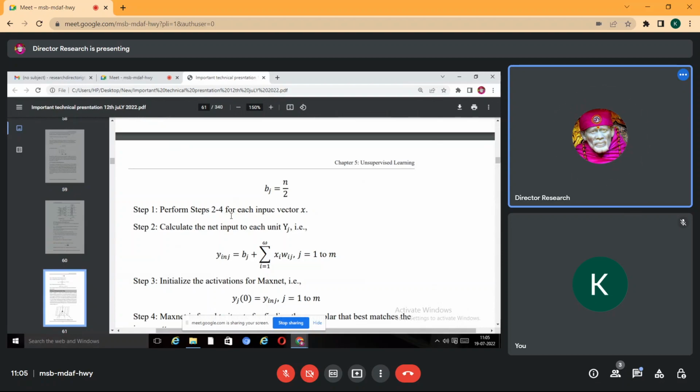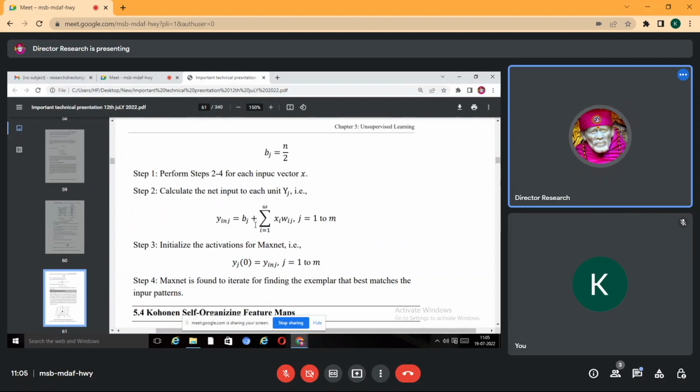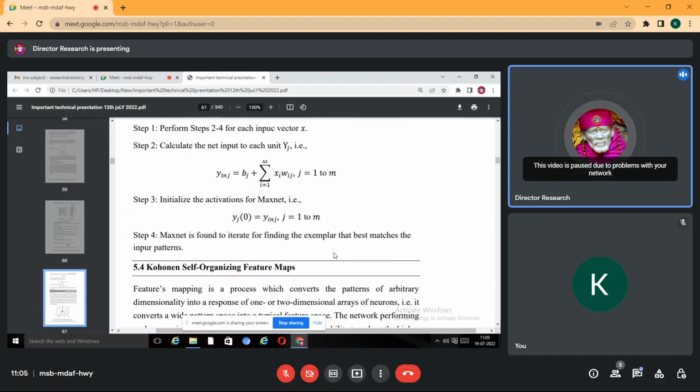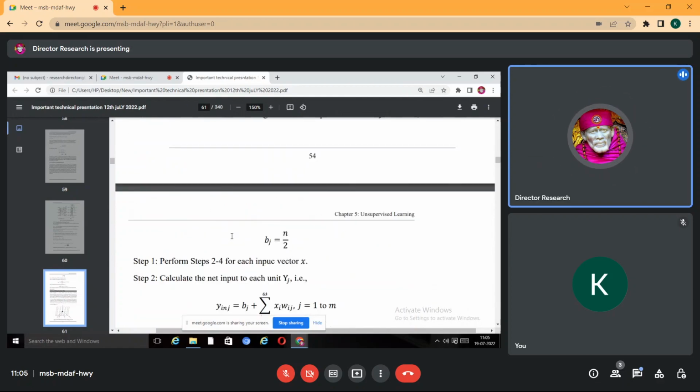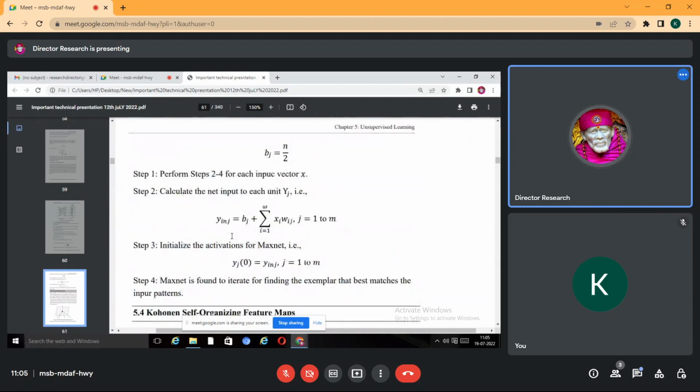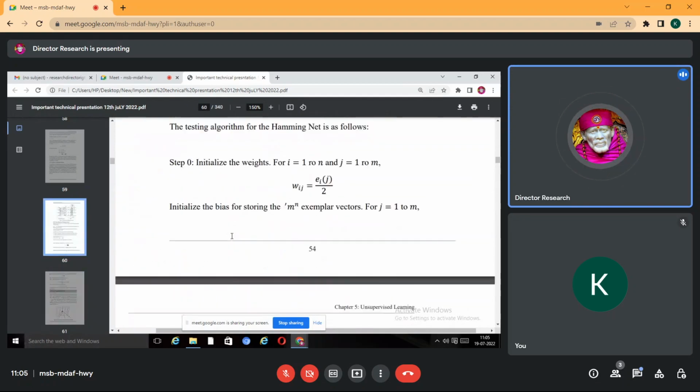Perform steps 2 to 4 for each input vector x. Calculate the net input for y_j, y_in_j, using the formula. Initialize the activations of MaxNet. MaxNet iterates to find the best matches of the input patterns.